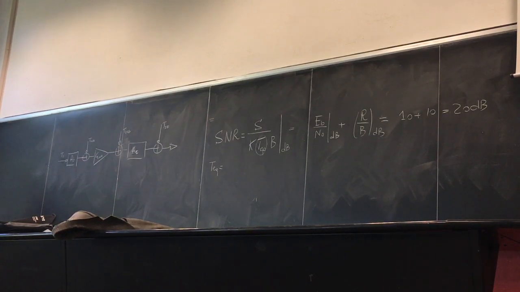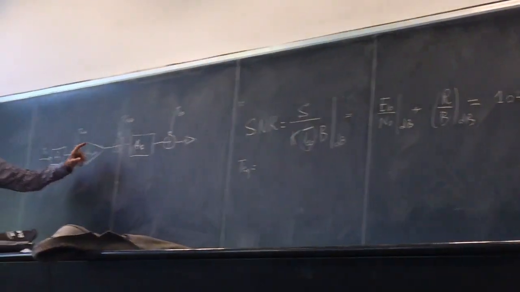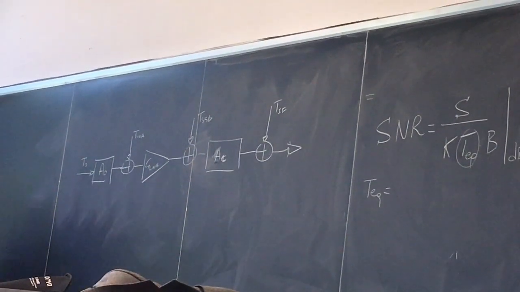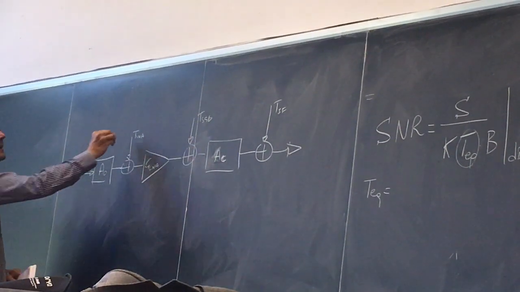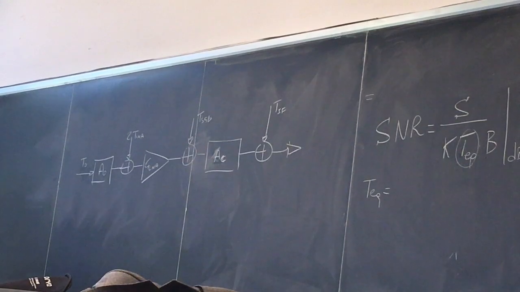The intermediate frequency. Okay, what we observe, however, here is that after the amplifier there is not a filter. So what we have to do is to double the T LNA in order to take into account the contribution from the image band. Okay?